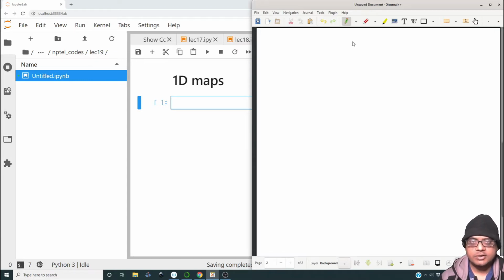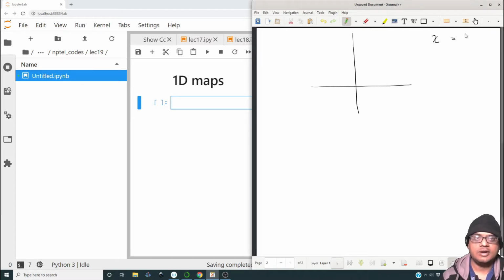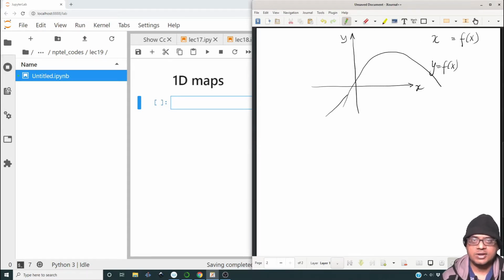It's not that difficult to recall that on one hand you have x, on the other hand you have f of x. So for example, let this be that particular f of x, and so this is y equal to f of x, and this is x, and this is y, and this function is simply a straight line which goes something like this. It intersects the function over here.